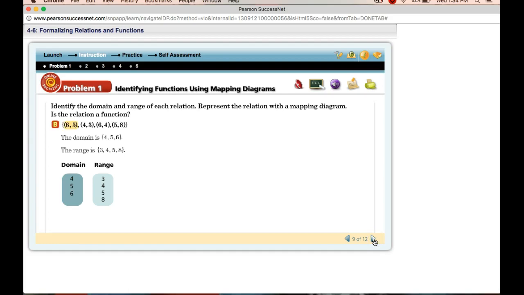Represent each ordered pair with an arrow in the mapping diagram. 6 maps to 5. 4 maps to 3. 6 maps to 4. And 5 maps to 8.